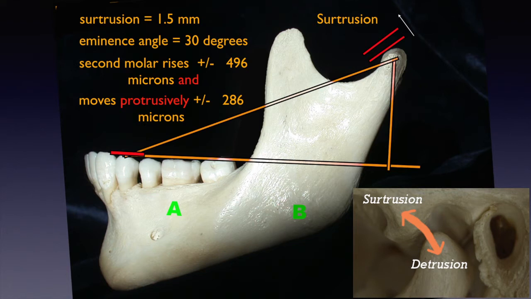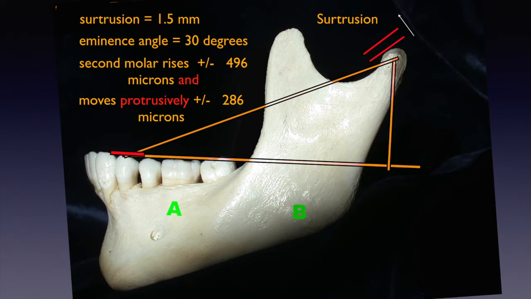The other component of jawbone geometry when achieving centric relation is when one needs to accomplish surtrusion. For the mathematics of this illustration, we will assume that the surtrusion will be 1.5 millimeters, and again the angle of the eminence is 30 degrees.